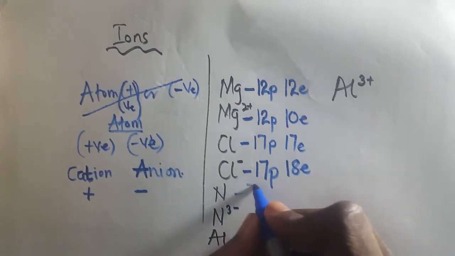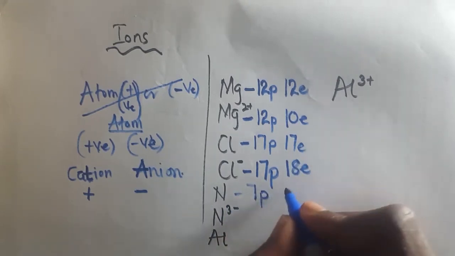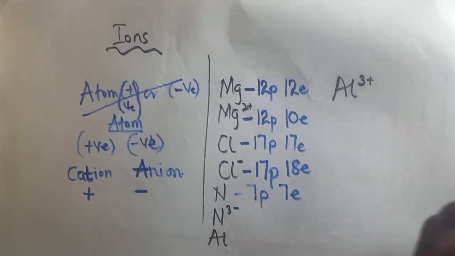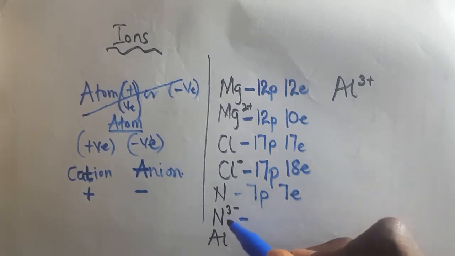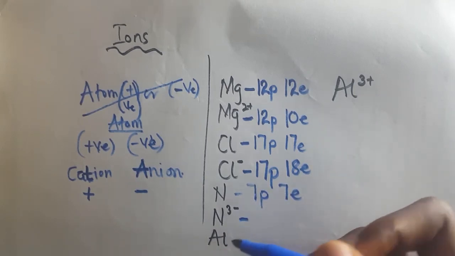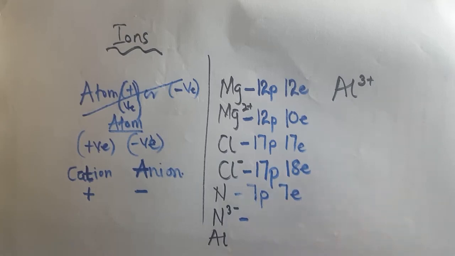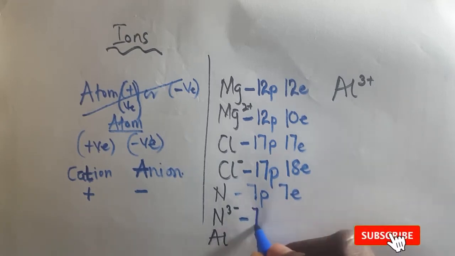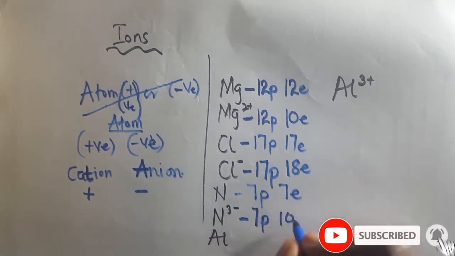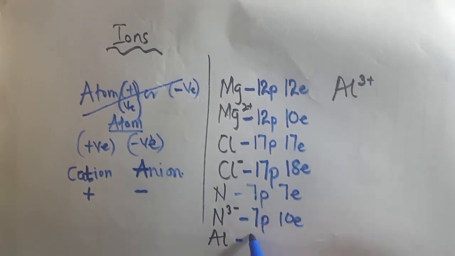Nitrogen has 7 protons, meaning the 7th element, then 7 electrons, since it has no charge. Then again we have nitrogen here with a 3 minus. This 3 minus means that it has gained 3 electrons. Proton number remains the same, gaining 3 electrons to have 10 electrons. Aluminium over here is a neutral aluminium with 13 protons as well as 13 electrons because it has no charge.